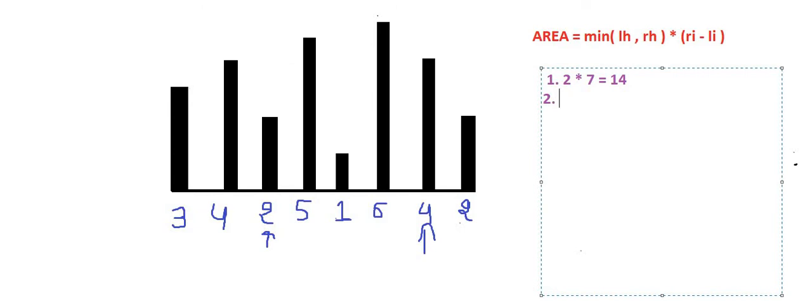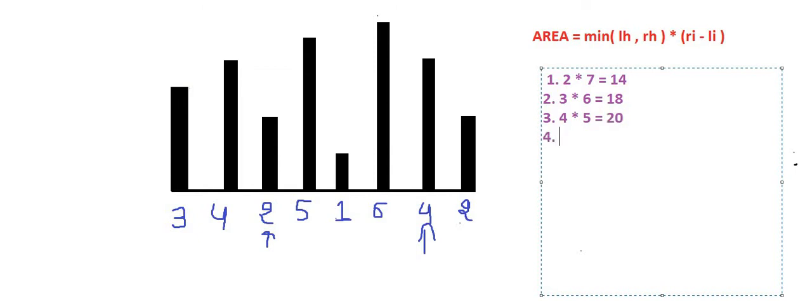In the second case it will be 3 into 6, so it will be 18. In the third case, we will increment this left pointer and it will come to 4, and this height is the same, so we can take either the left or right pointer, and the distance between them is 1 2 3 4 5, so it will come out to 20.